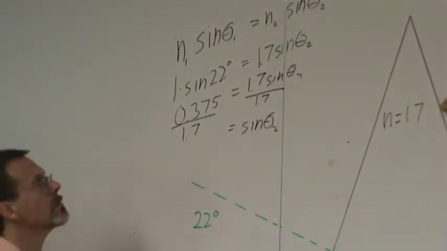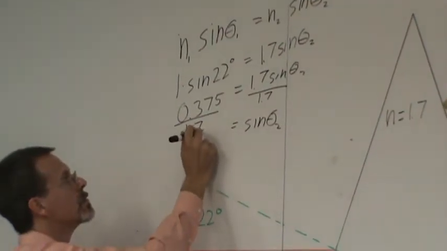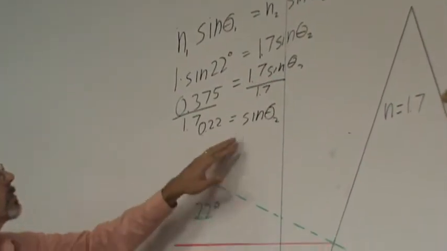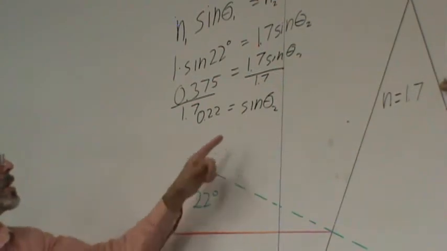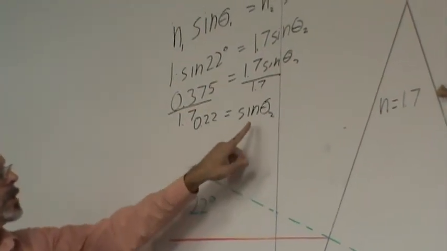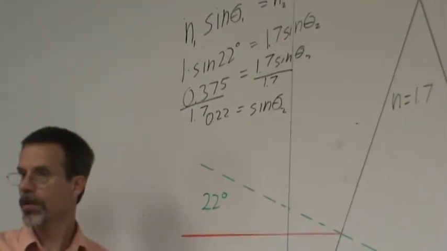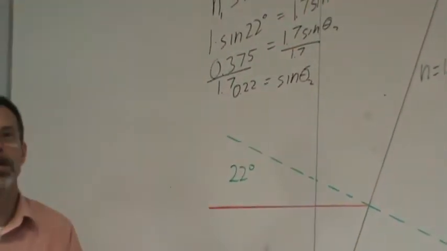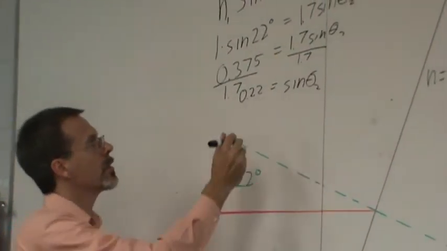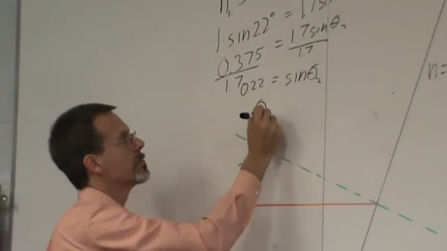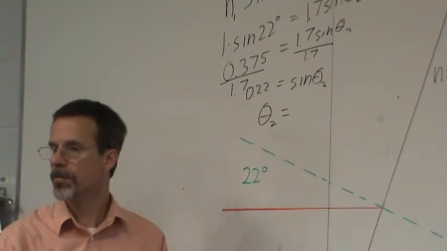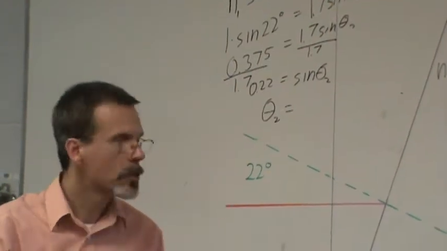You'll get 0.22. Then if I take 0.22 and take the inverse sine by hitting the second function or the inverse function on the calculator and then the sine function, I'll get what my angle is equal to: 12.73. 12.7.